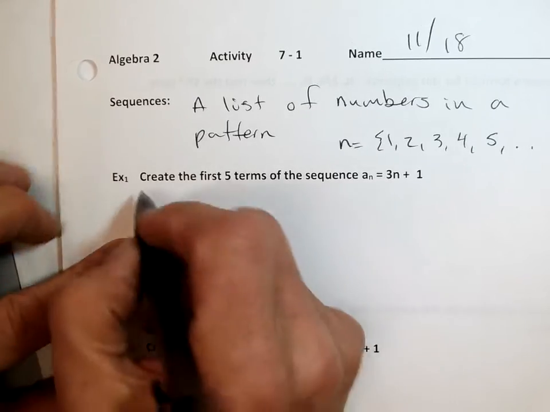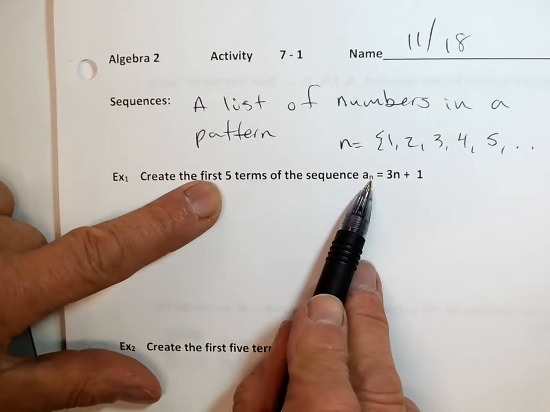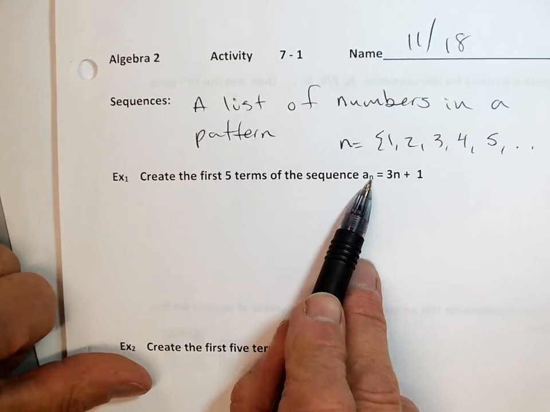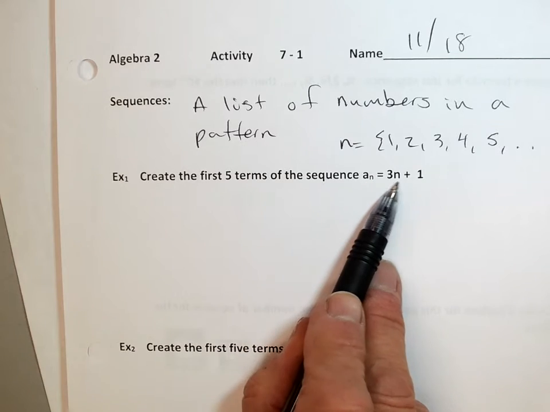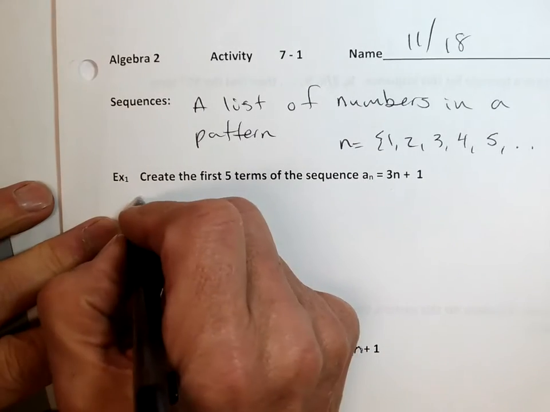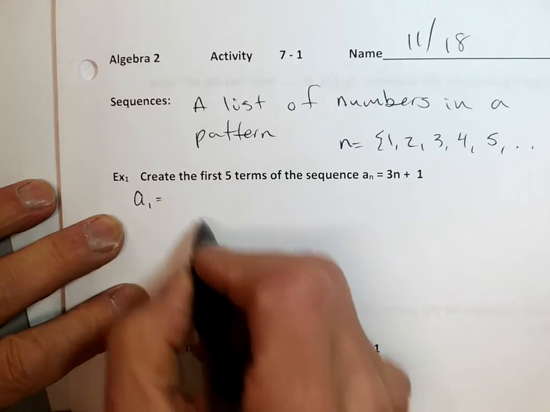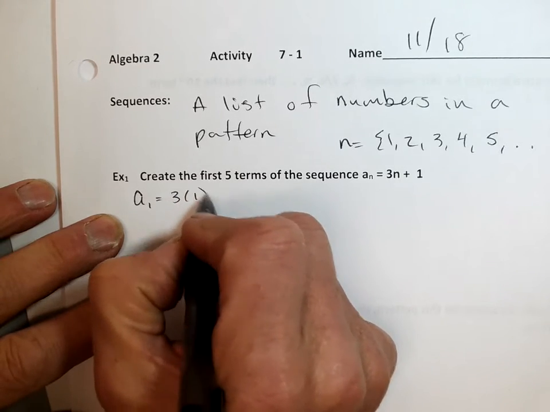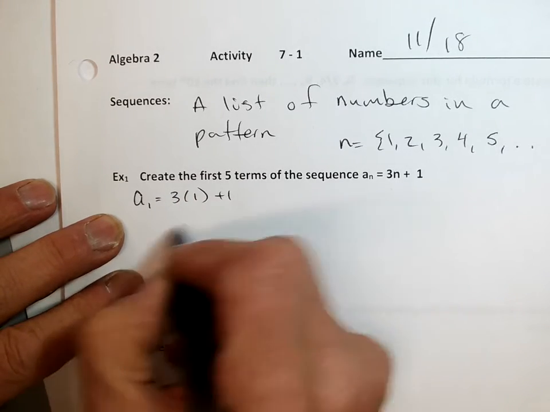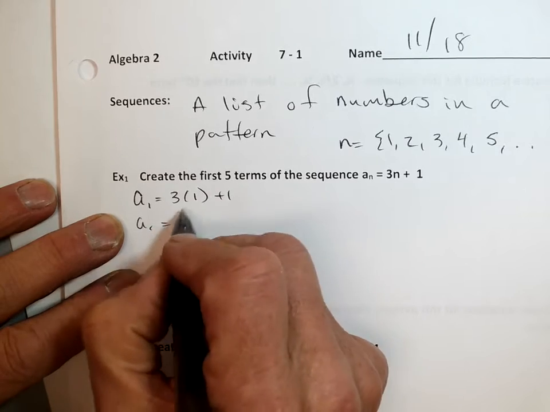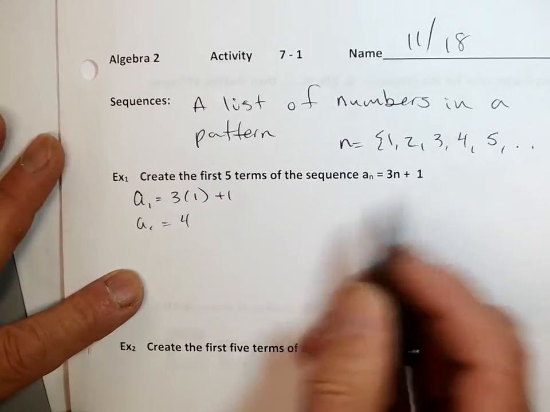So I plug in 1, and 1 goes in for n. In fact, 1 goes here, A1, and it goes here. So A1 is equal to 3 times 1 plus 1. So A1 is going to be 4, right?